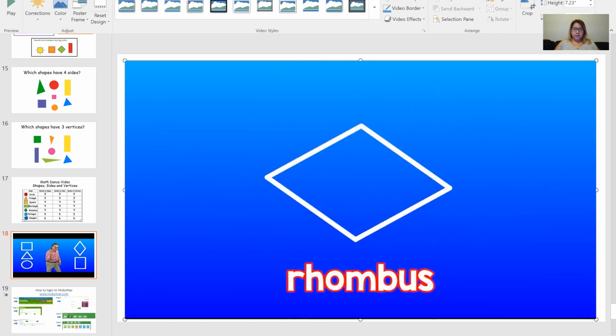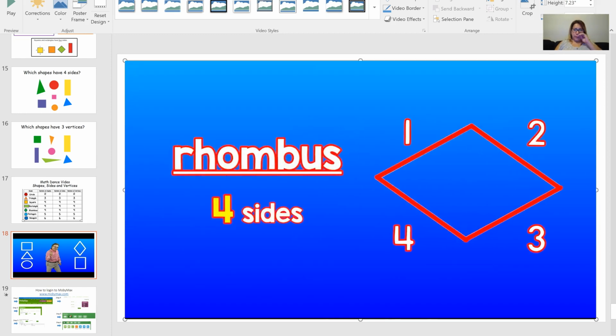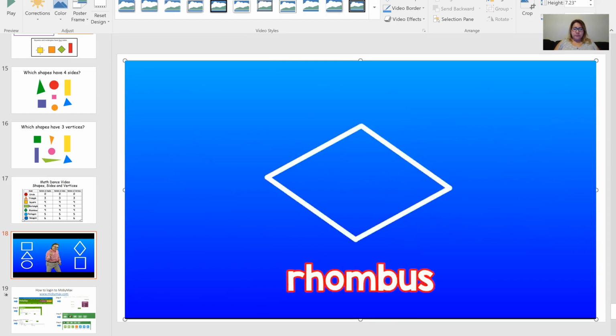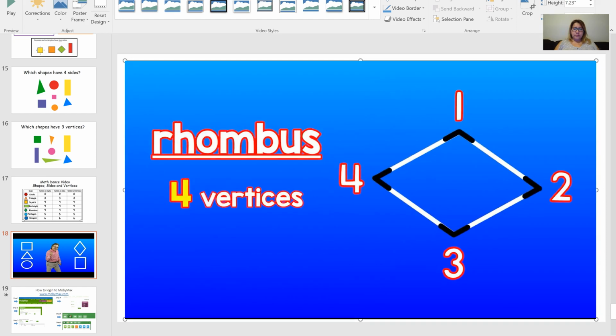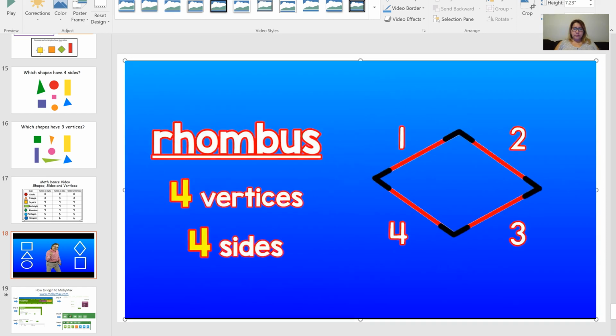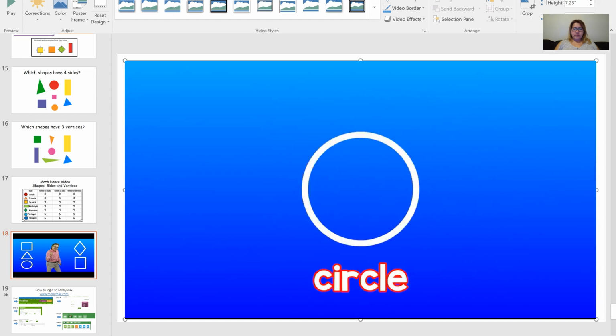This is a rhombus. Let's move and count the sides of a rhombus. 1, 2, 3, 4. A rhombus has 4 sides. Let's move and count the vertices of a rhombus. 1, 2, 3, 4. A rhombus has 4 vertices and 4 sides. This is a circle. Let's move and count the sides of a circle.